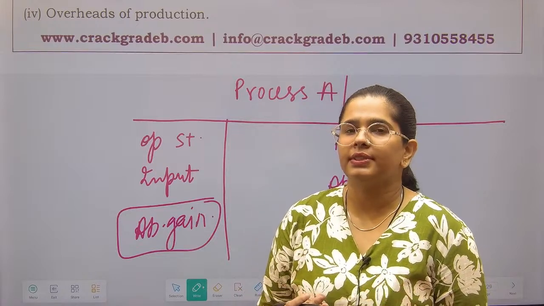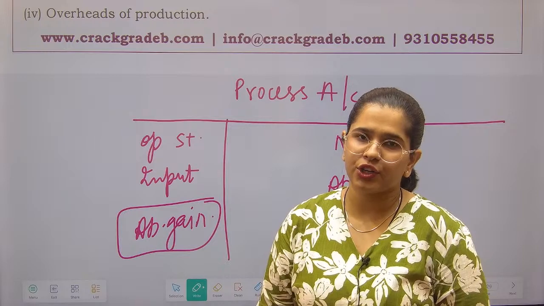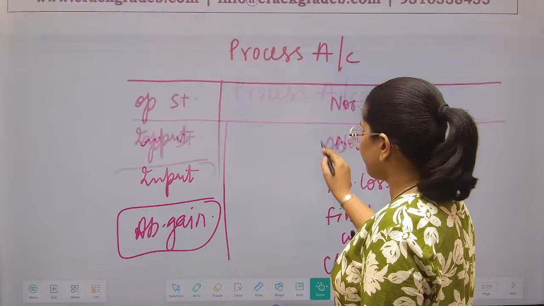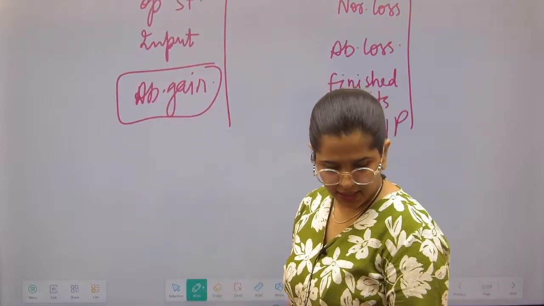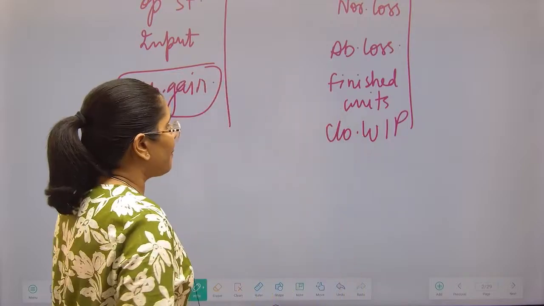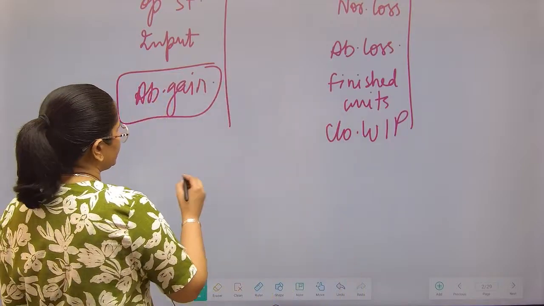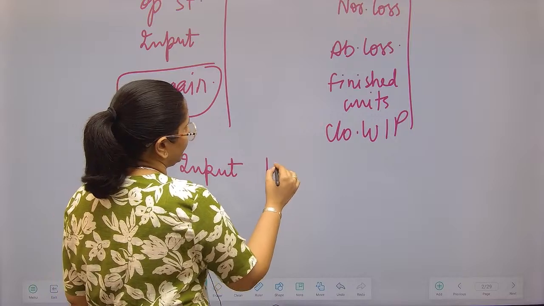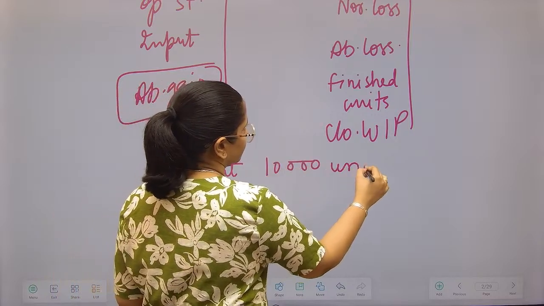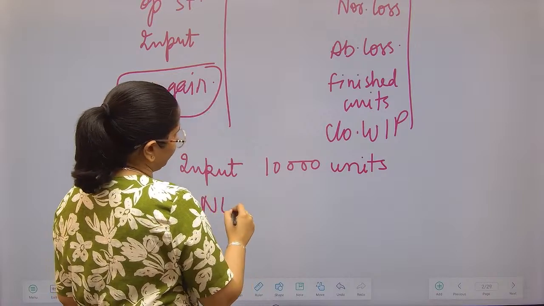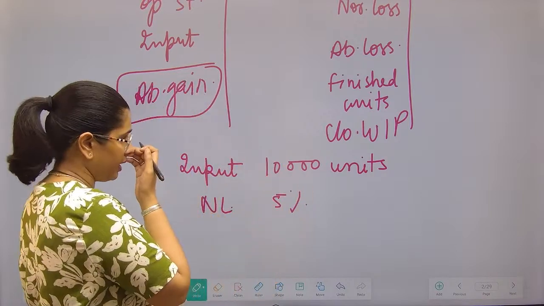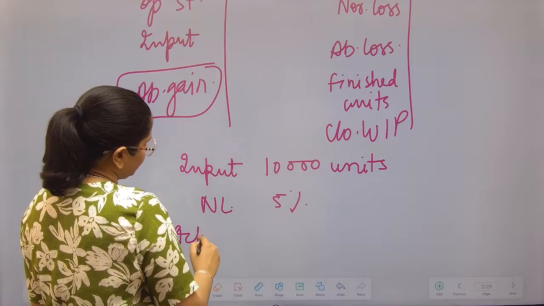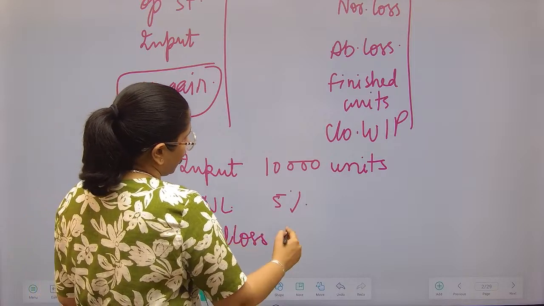Now before I start talking about equivalent production units, I would like to ask you one thing and you need to answer that if you can, right? So suppose this is a very basic question, but still I am asking you just to know what is the understanding level. मान लीजिए मैंने आपको कहा that your process input was 10,000 units. Normal loss is 5%. ठीक है? And apart from that, your actual loss is 1,000.